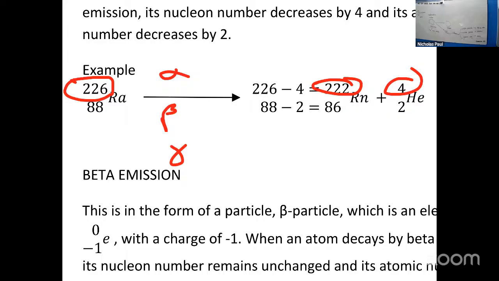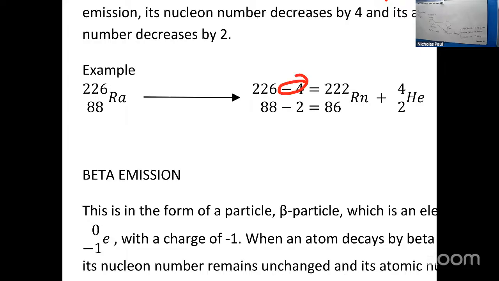Are you okay with that? So that is your alpha decay. Mass number will drop by 4, atomic number will drop by 2. You don't have to write this one. I just wanted to write the important thing. What's important is that you lose a mass number of 4 and an atomic number of 2. So you can just make a note of that.